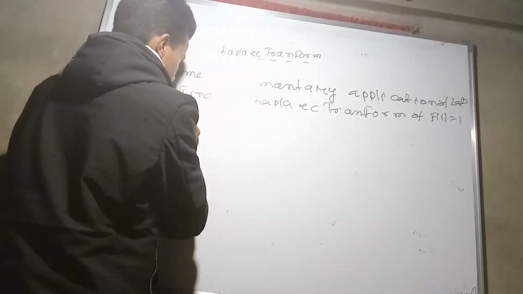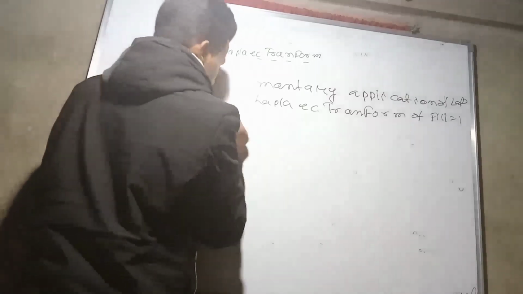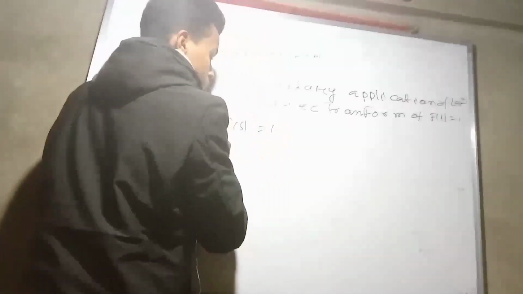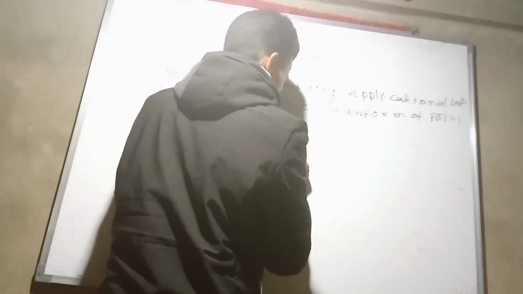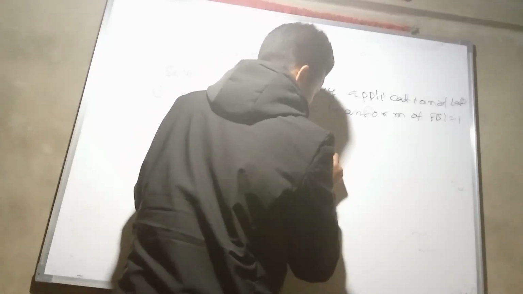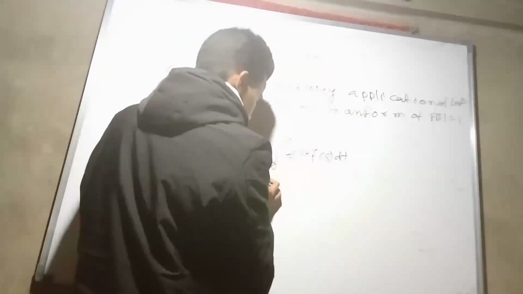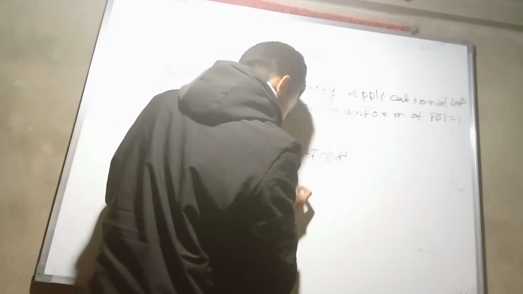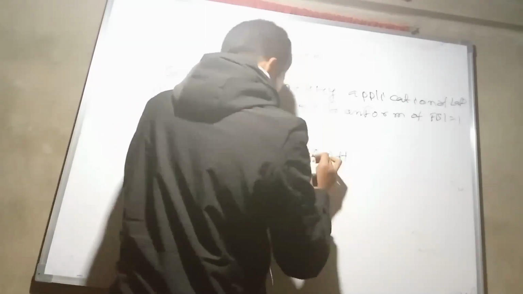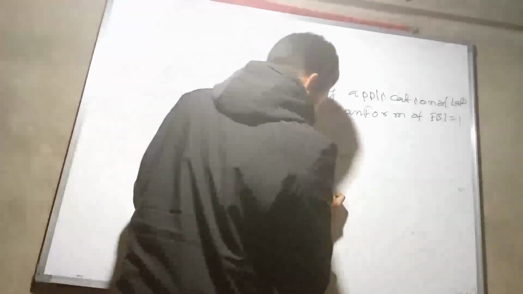So we know that the Laplace transform of f of t is the integral from 0 to infinity of e to the power minus st f of t dt. This can be written as the limit b tends to infinity of the integral from 0 to b of e to the power minus st times 1 dt.